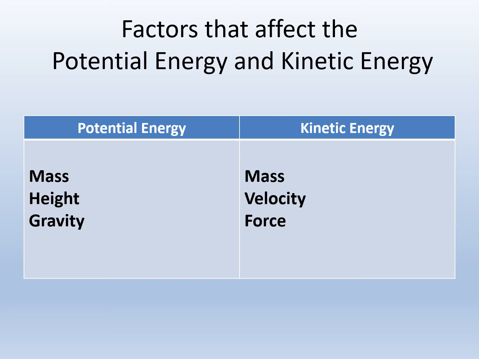It means that if the mass is higher, the kinetic energy is of course higher. And for the velocity, this is referring to the changes of the motion or the direction. It can be accelerating or decelerating. And the force, of course if the force is greater, the kinetic energy is higher or greater.